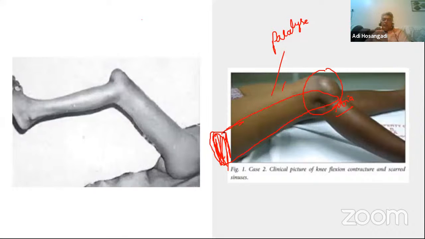So the IT band is the only thing which is going there and it gets contracted. Remember it is attached to the anterior part of the upper end of the tibia. So it pulls laterally, it pulls posteriorly, and it pulls externally. So it causes flexion, posterior subluxation of the tibia, and external rotation of the tibia or the leg, and in fact it is a valgus deformity.